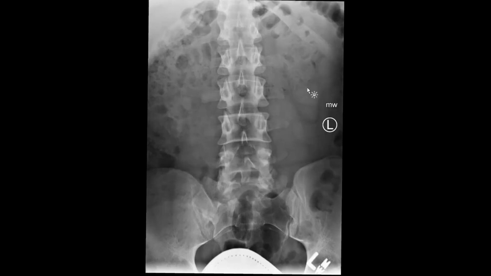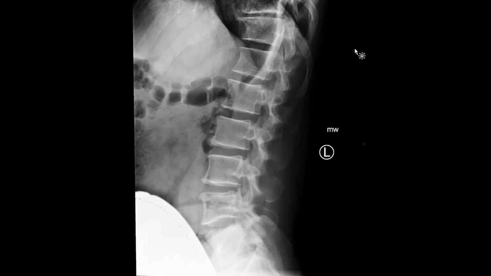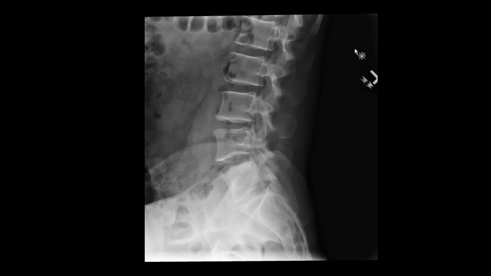done. With imaging like x-rays, MRI, CT scan, we get some good information regarding the anatomy of the spine, some of the wear and tear, but it doesn't necessarily pinpoint where the pain's coming from. So typically we get some information on what may be the problem based off symptoms, physical exam, and imaging.